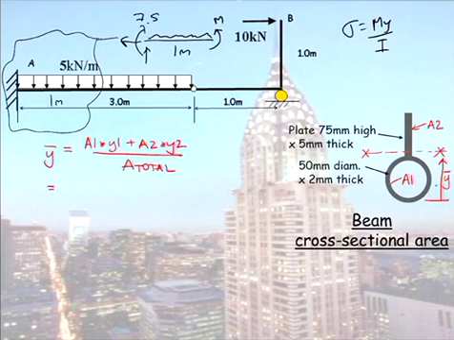So my circular hollow section, it's 50 mil diameter. So if it was solid, it would be pi r squared, pi 25 squared, but it is hollow. So then I would subtract from that. It is 2 mil thick.